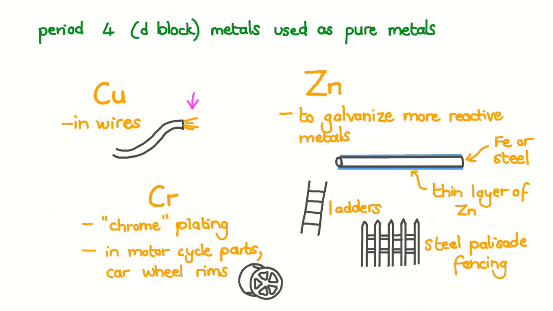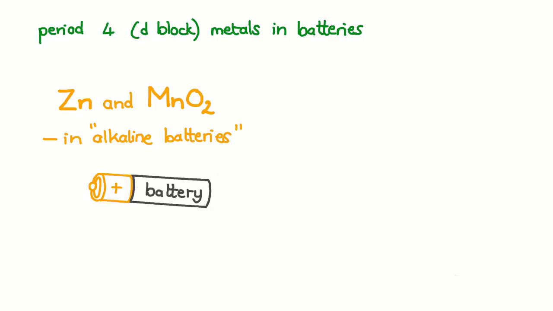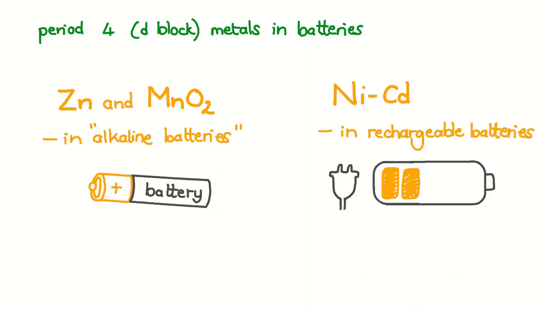Let's move on to the use of these metals in batteries. Batteries or dry cells often contain zinc and manganese dioxide. You may have heard of alkaline batteries. These are conventional batteries. Rechargeable batteries, however, use nickel along with cadmium. Now, what about magnets?